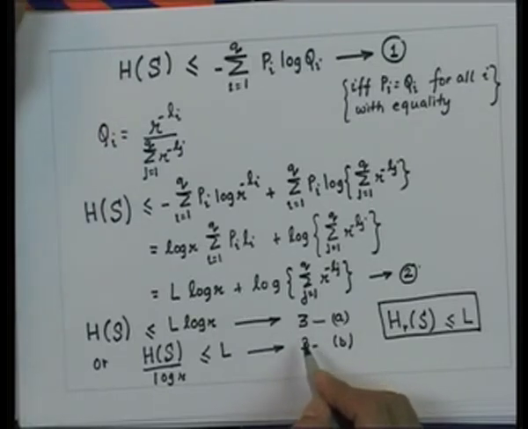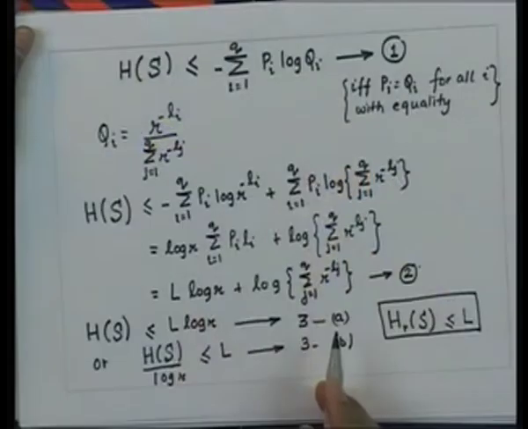This equation is the first instance which demonstrates the connection between our definition for information measure and a quantity, in this case L, which does not depend upon that definition.